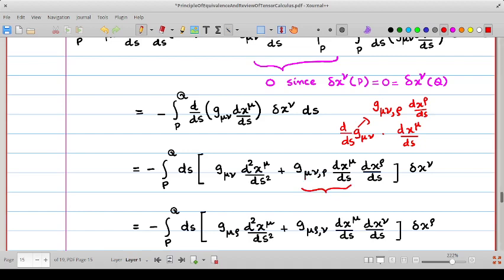This is in fact d by ds of g mu nu. This and this together is what d by ds of g mu nu is. Then this factor of dx mu by ds, this one is written here. And this common factor of delta x nu is outside.